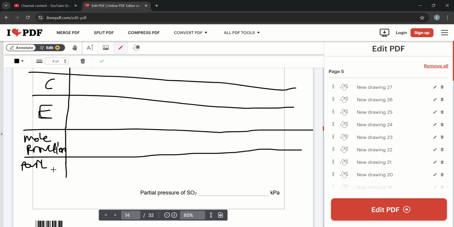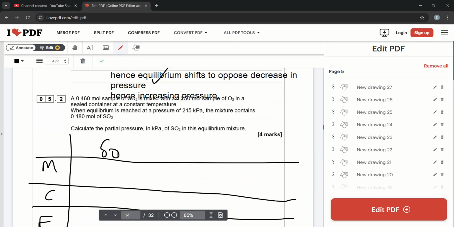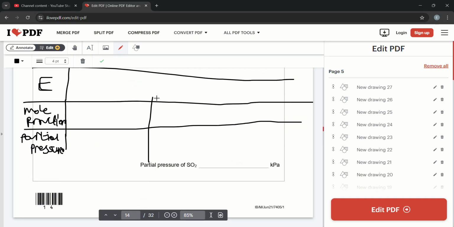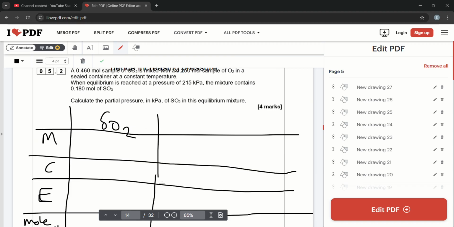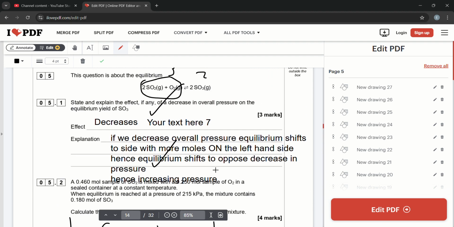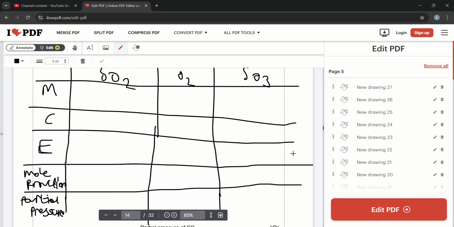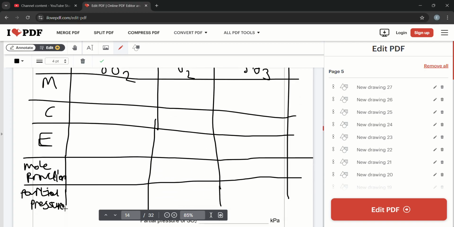So we've got SO2, we've got O2, and we've got SO3. We can end the table here.